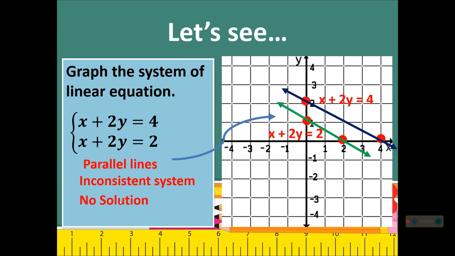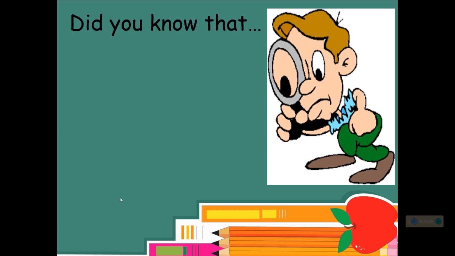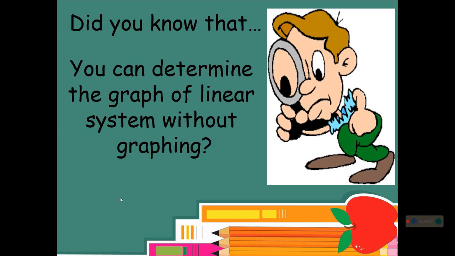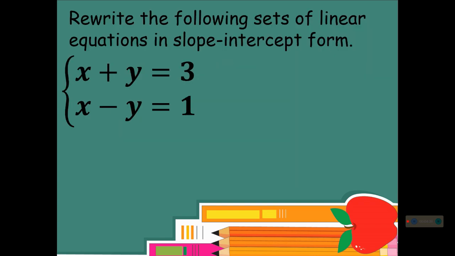Okay? So to proceed, did you know that you can determine the graph of a linear system without graphing? Yes, you can still determine the graph of a system without graphing. How? Okay? So I have here different sets of systems.